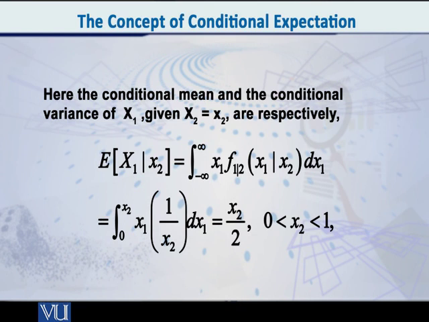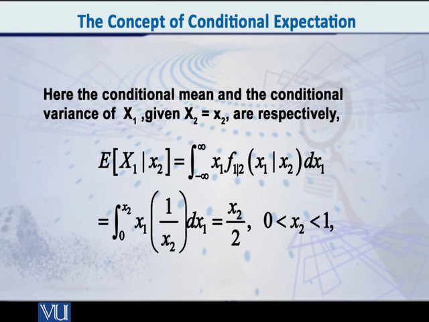इसके बाद अगर हम कंडीशनल मीन और कंडीशनल वेरिएंस की बात करना चाहें तो हम कैसे चलेंगे? The expected value of x1 given x2 will be the integral of x1 into f of x1 given x2. जैसा मैंने आपको पहले कहा था वही आप इसमें अप्लाई करें. So what do we get this time?